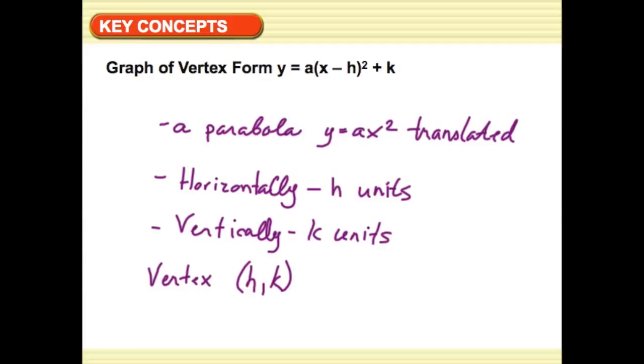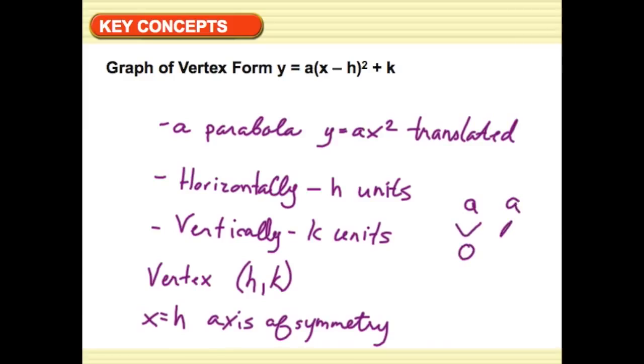The axis of symmetry is x equals h, and the graph is going to open up if a is greater than 0 or down if a is less than 0. That's the same as our standard form, right?